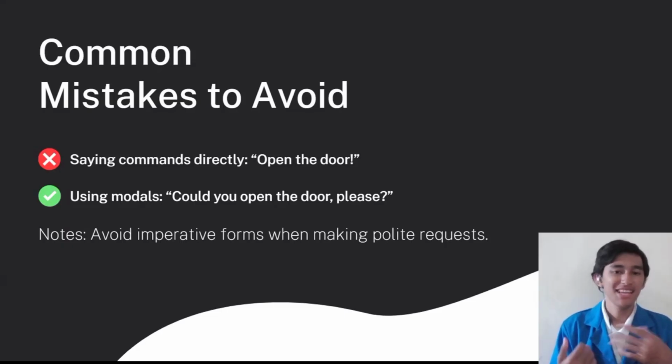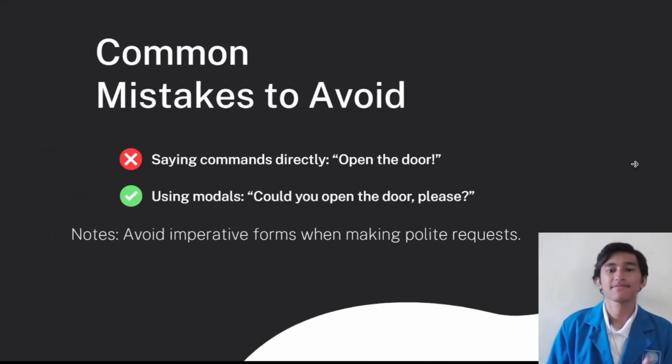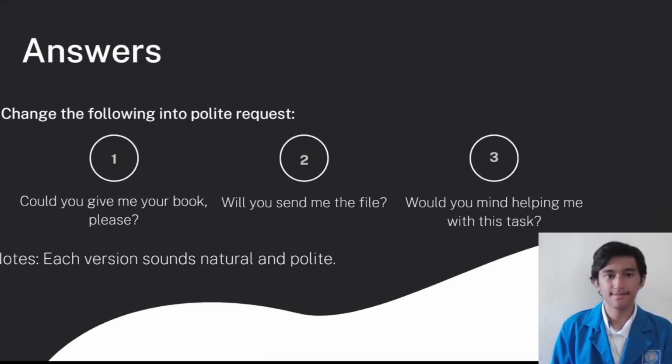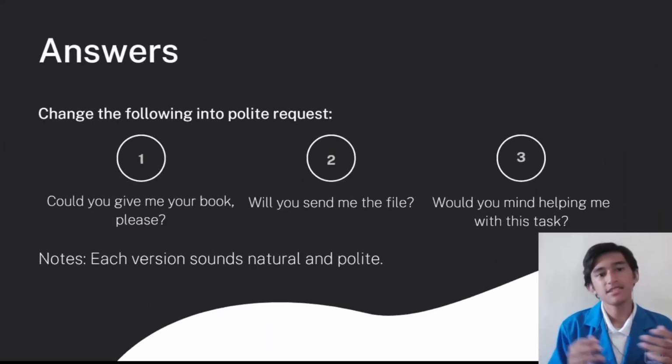And now, let's try a short practice. Change the following into polite requests. Okay, let's change these sentences into polite requests. Here we can see there are 3 points. And now, let's check the possible answers together.